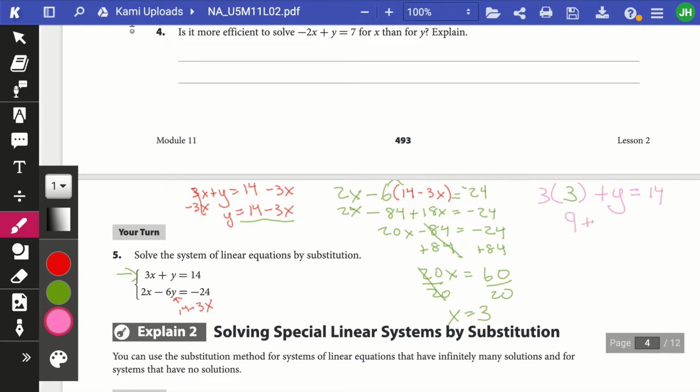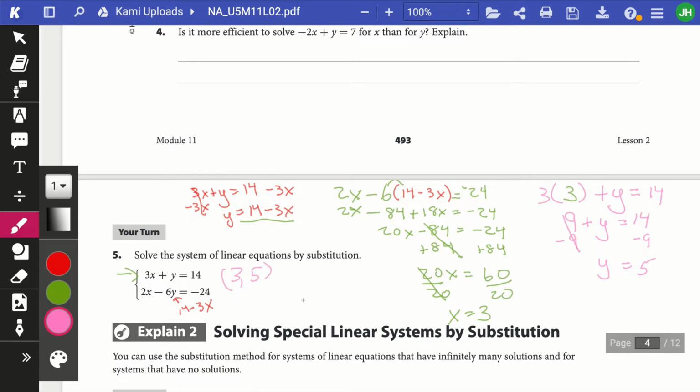That's 9 plus y equals 14. Subtract 9, y equals 5. So our answer should be 5 is our y, and 3 is our x, 3 comma 5.